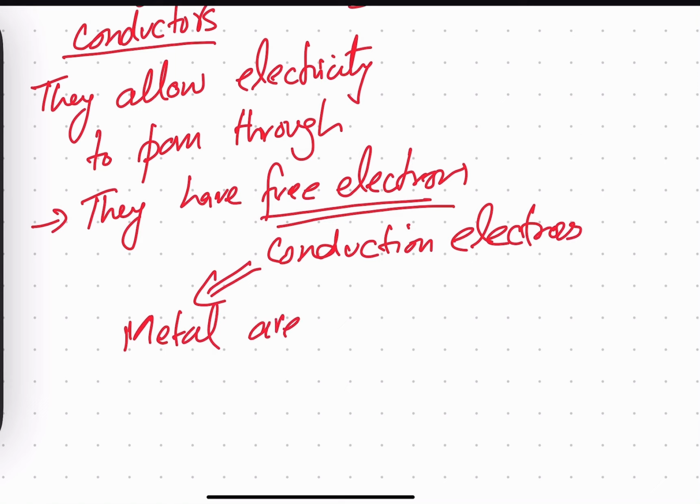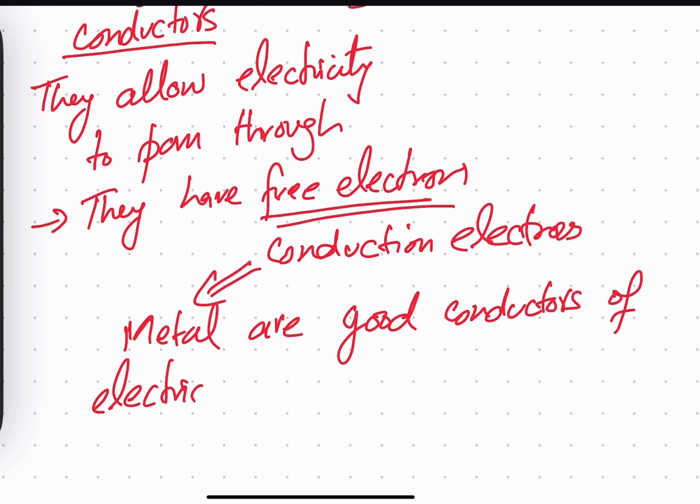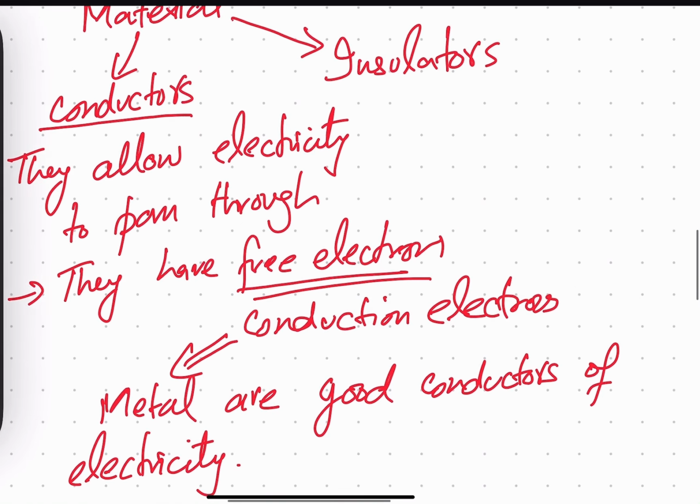If we talk about conductors, metals are good conductors of electricity because they have plenty of free electrons to conduct the electricity, whereas insulators don't allow any current to pass through. An example is plastic.